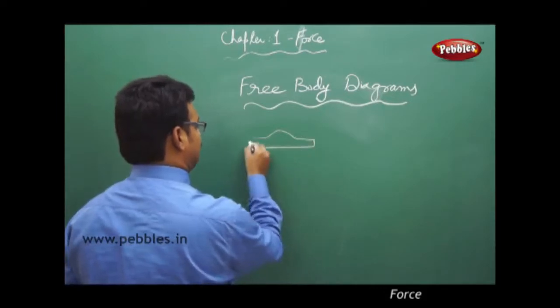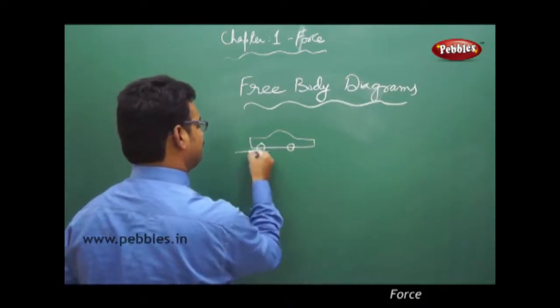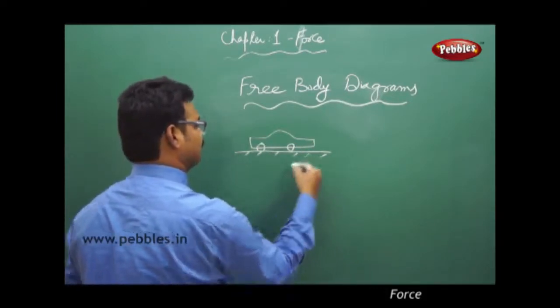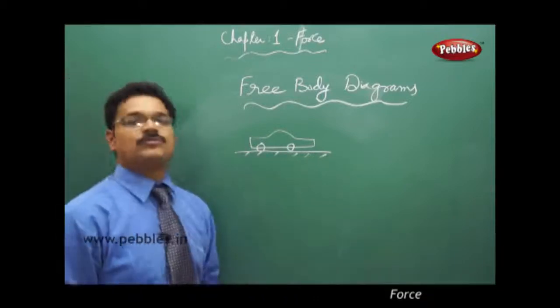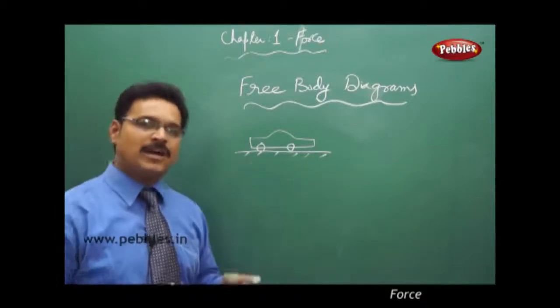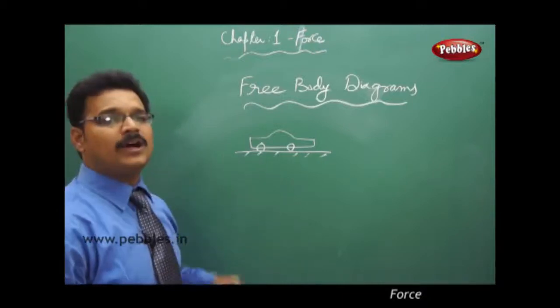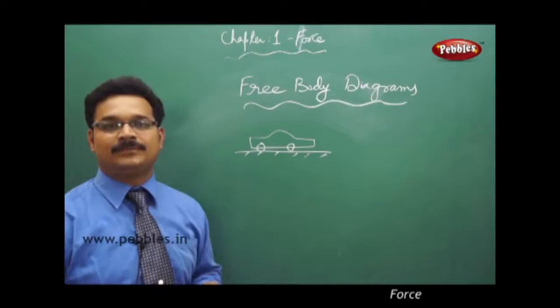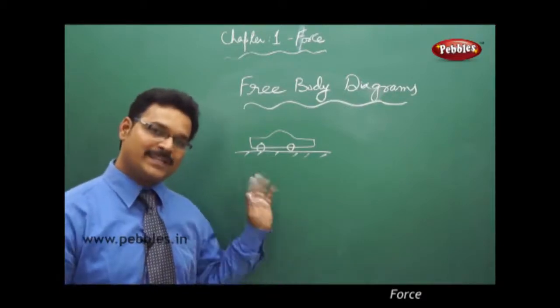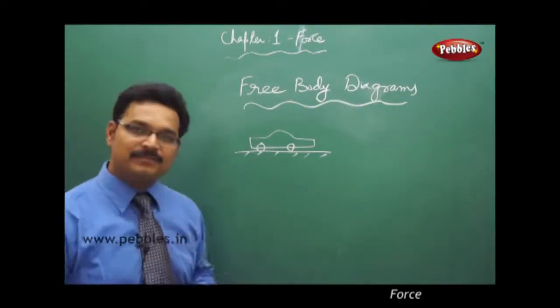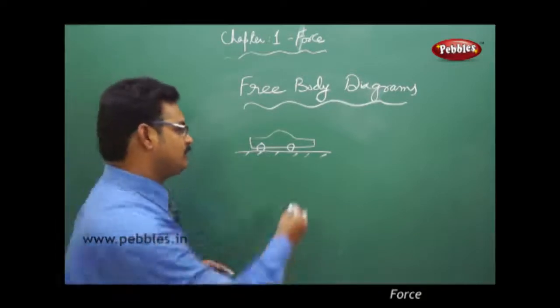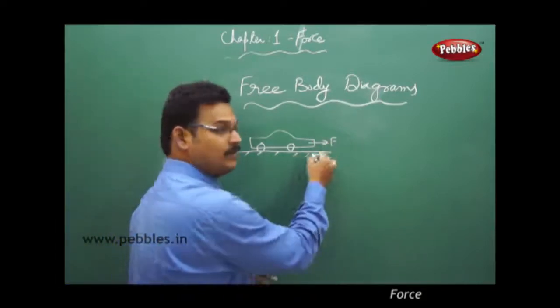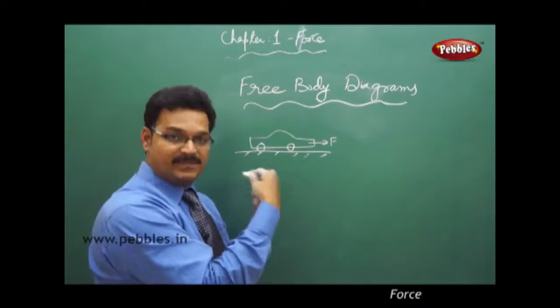See, take a car on the ground, on the road, say the car is moving. Now I ask you to show me all the forces acting on the car. When you are able to show all the forces acting on the car, it will become a free body diagram. The first force is capital F, applied force because of the engine.